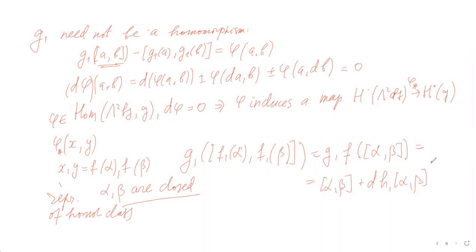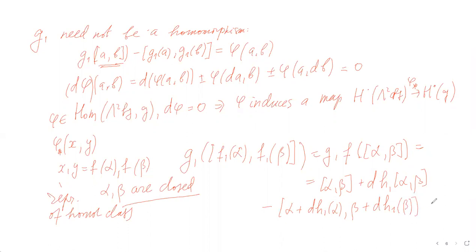Then I have also minus, when I substitute it here, what I have is just minus alpha plus D of H1 of alpha, beta plus D of H1 of beta, right?